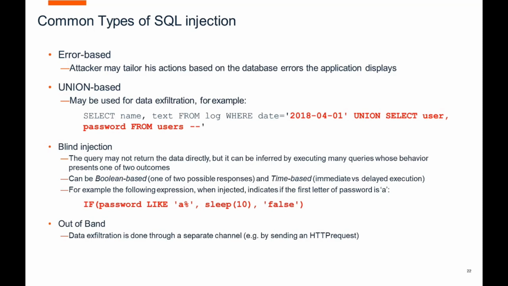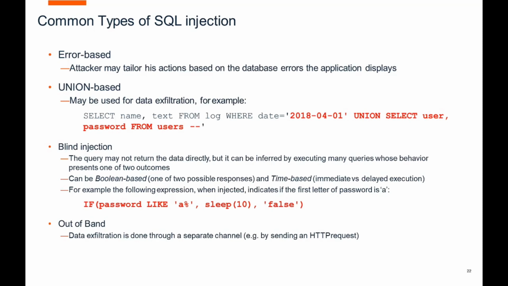There's union-based SQL injection. So, for example, this is an interesting case. This is how data actually could get exfiltrated from the system. We have a query here that gets the name and some text from the log file, where there's a particular date that's used as the filter, and that date in this case is under the control of the application user. If there's no input sanitization in place, they could specify more than just the date.